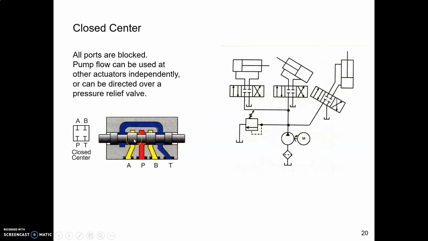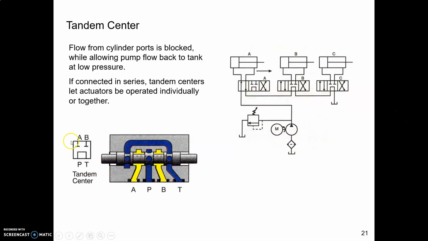Here's a closed center, and you can see in this section view the lands on the spool are blocking the ports. Here's what the symbol looks like. Each line coming from a port has a short line crossing it off. It's blocked off. So this is a closed center. Those ports are blocked. Here's a tandem center where two ports are blocked.